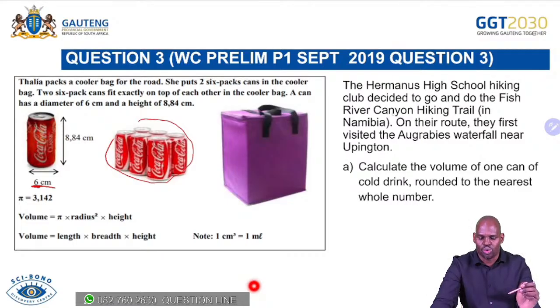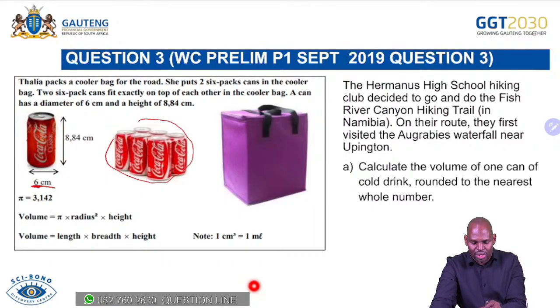The Hermanus High School Hiking Club decided to go and do the Fish River Canyon Hiking Trail in Namibia. On their route, they first visited the Ograbies Waterfall near Upington. Then A is: calculate the volume of 1 can of cold drink rounded to the nearest whole number. So you don't only calculate the volume, you're also going to round it off.